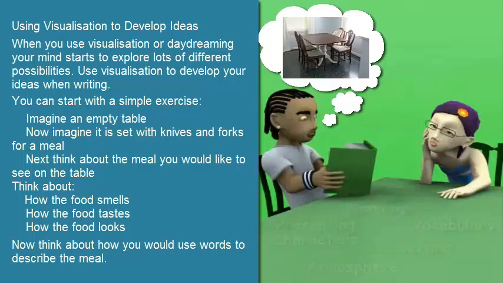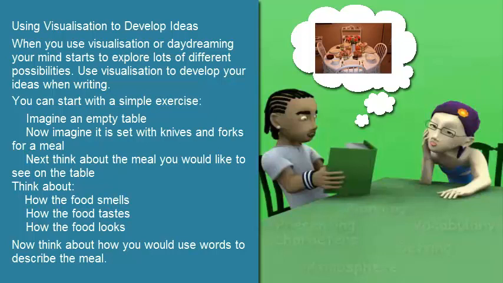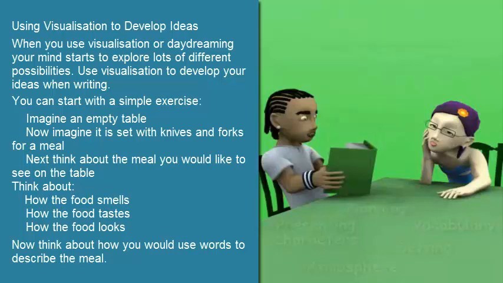Now imagine it is set with knives and forks for a meal. Next, think about the meal you would like to see on the table. Think about how the food smells, how the food tastes, how the food looks. Now think about how you would use words to describe the meal.